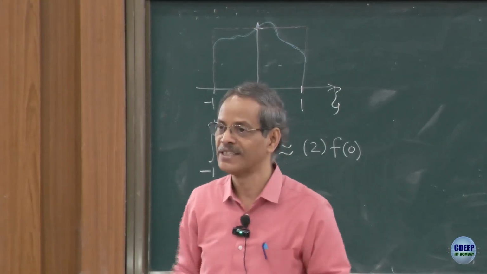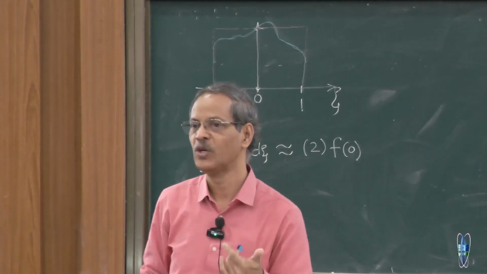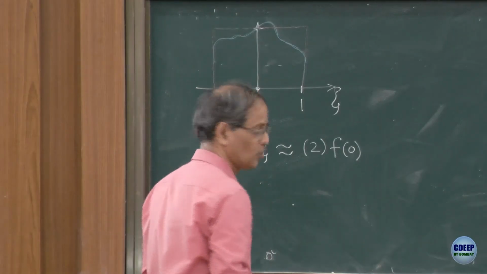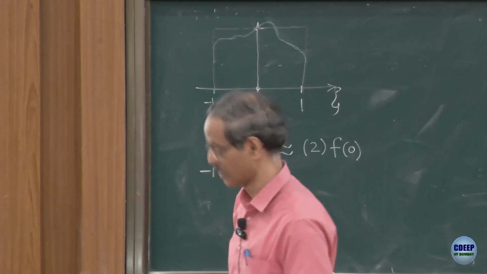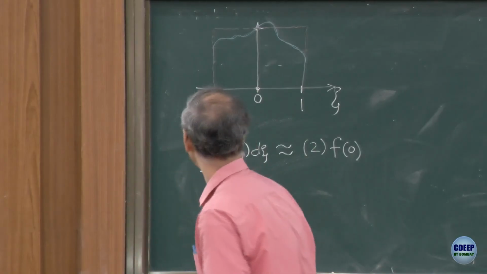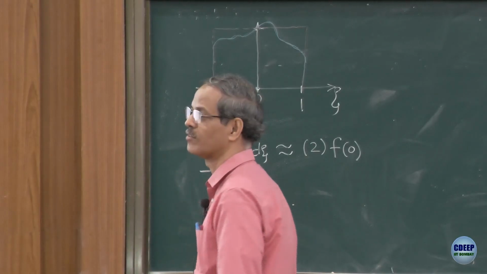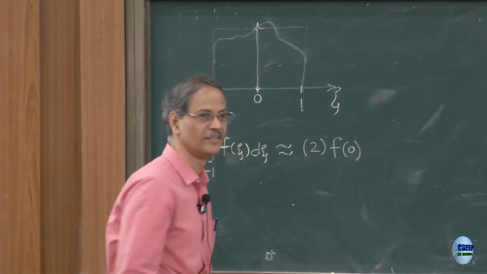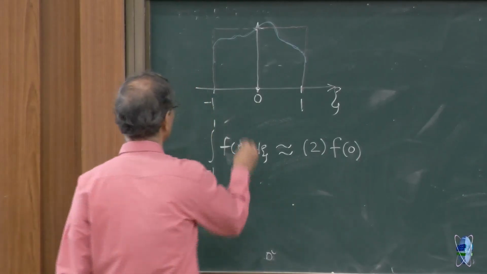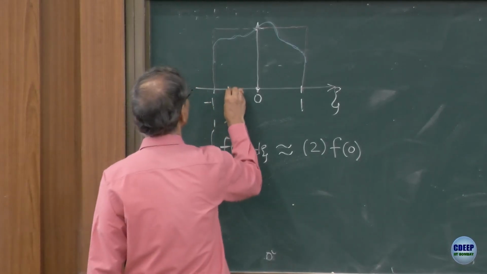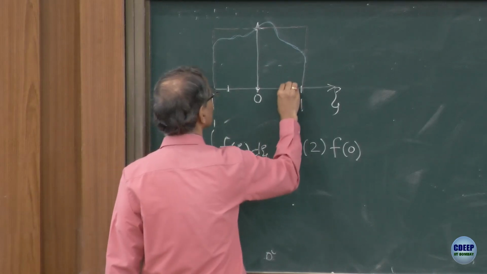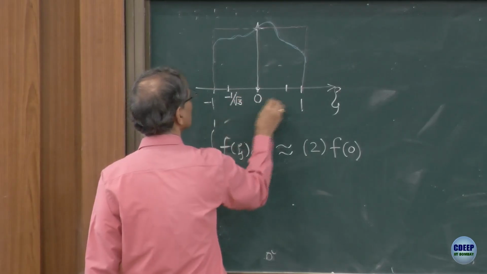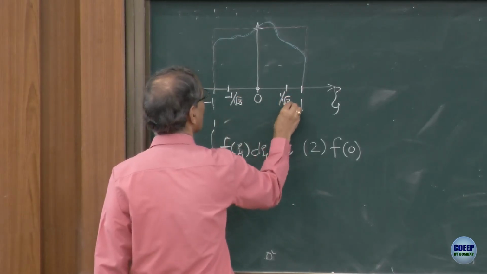Now, with that logic, if you are using 2 points, then he says you use 1 by root 3 and minus 1 by root 3. Okay. 1 by root 3 is how much? 0.7, something like that, right? So, minus 1 over root 3, 1 over root 3.